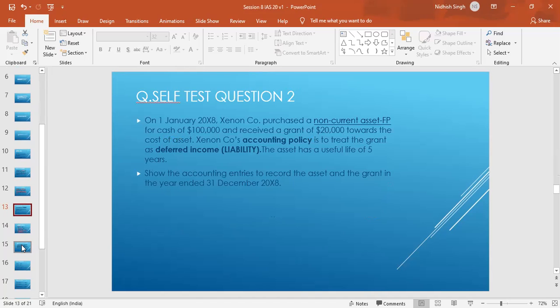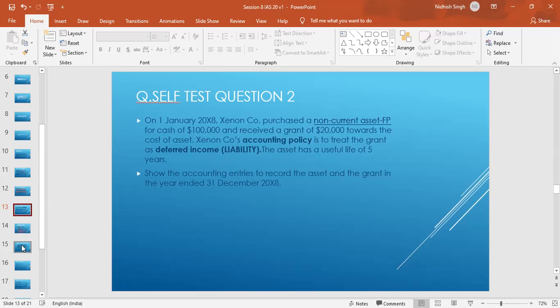So here is a situation that we talked about at the very start of the session. There was an equipment purchase for $100,000 and a grant of $20,000 received on the cost of the asset. Now we are making the entry in the balance sheet. So the capital approach, the balance sheet approach, is taken.